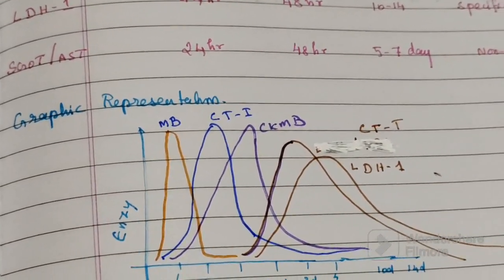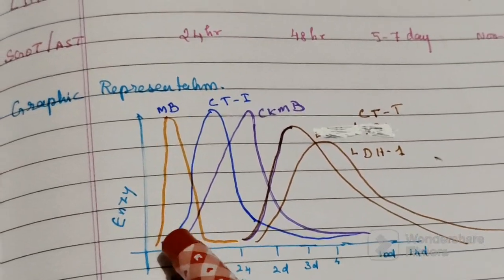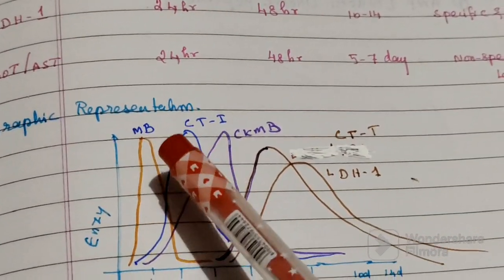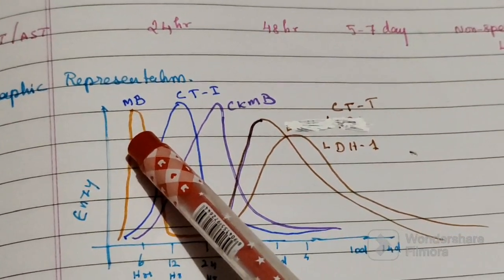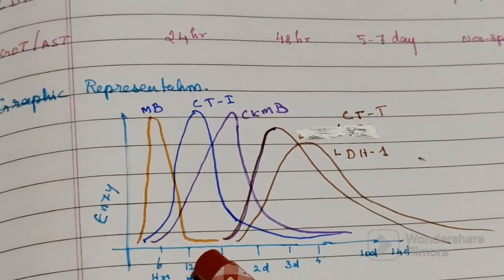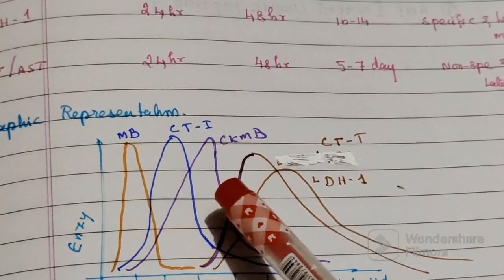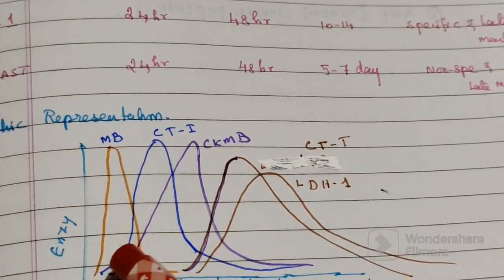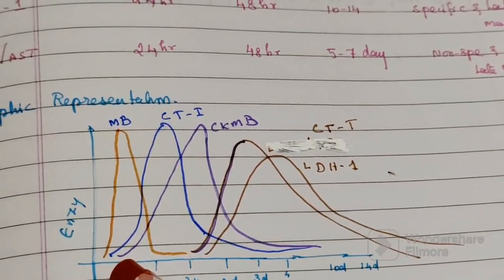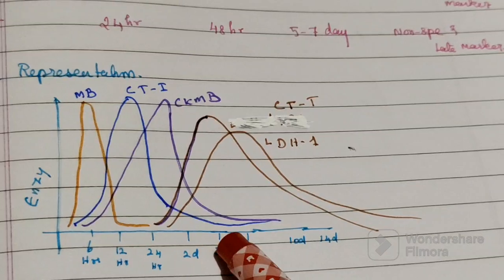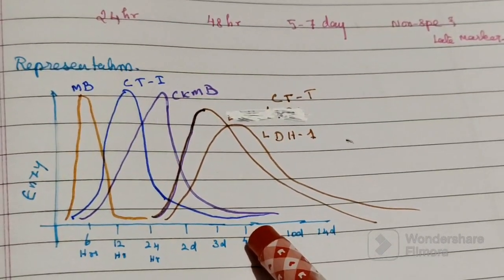It starts rising from 2 to 4 hours, peaks at 6 hours, then returns to normal at 12 hours. Second one is cardiac troponin I. This starts from 4 hours, peaks at 18 to 24 hours, and returns to normal in 3 to 5 days.